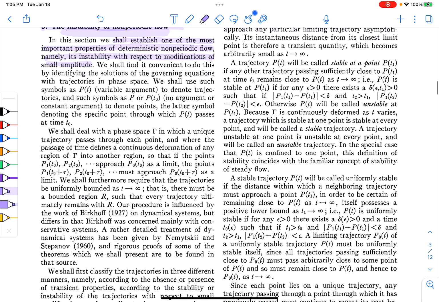So let's go down here, and he says a trajectory P, that's the trajectory of the solution, will be at a stable point if the trajectories in phase space remain near that point. So that's what he means by a stable flow, that in phase space, the vector of solution will orbit or be very close to a stable point. And here the stable point in the flow is the steady solution.